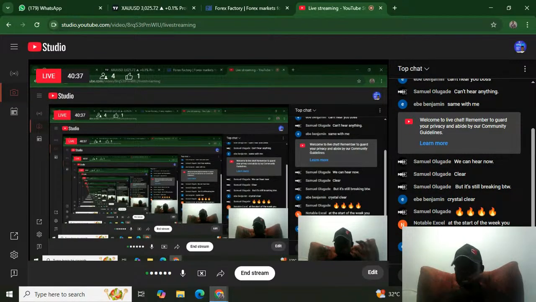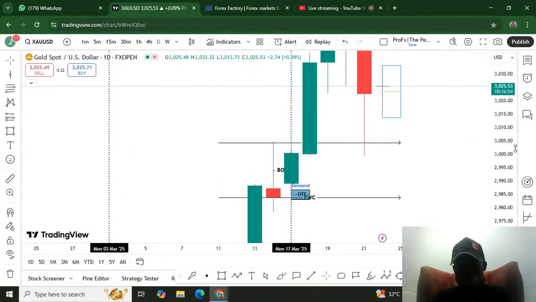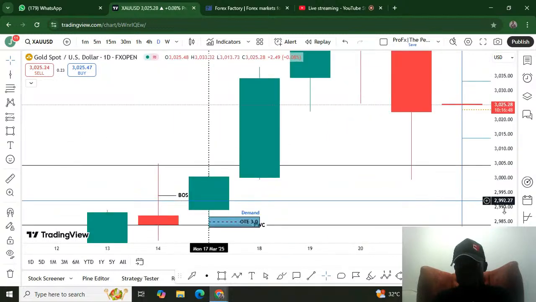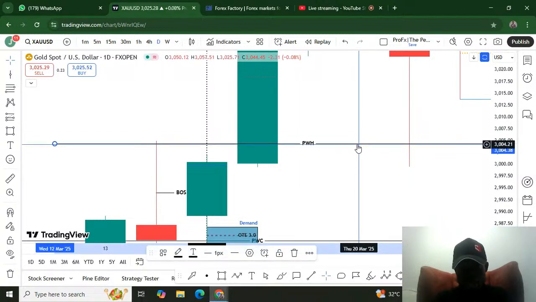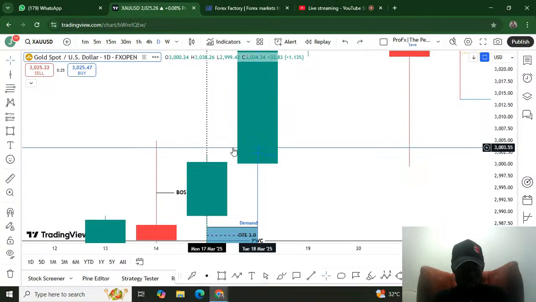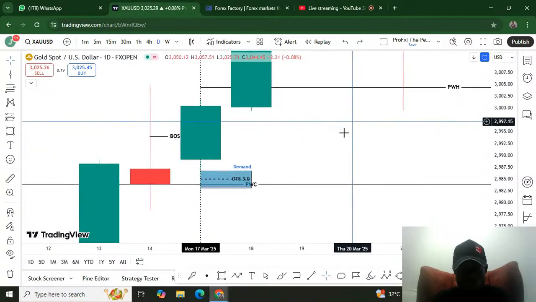Once you have done your weekly charts, the next thing is doing your daily charts. Is that clear? So Monday happened. So let's now investigate Monday into Tuesday. We have marked our weekly high and weekly close.